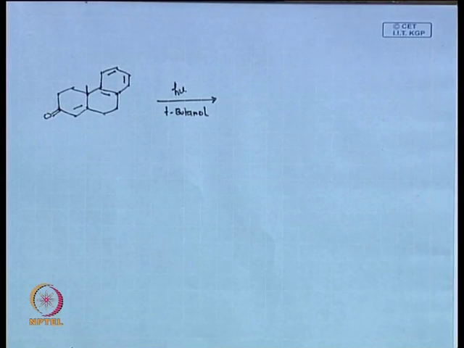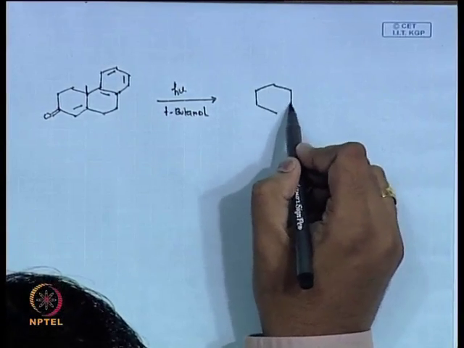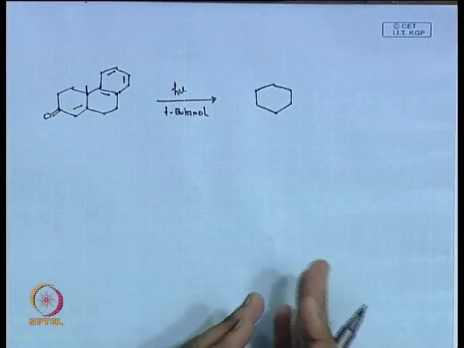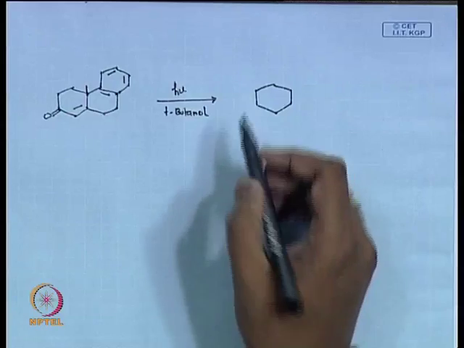So, once I photolyze this, you now know it goes to the singlet, undergoes intersystem crossing, then you get a triplet.